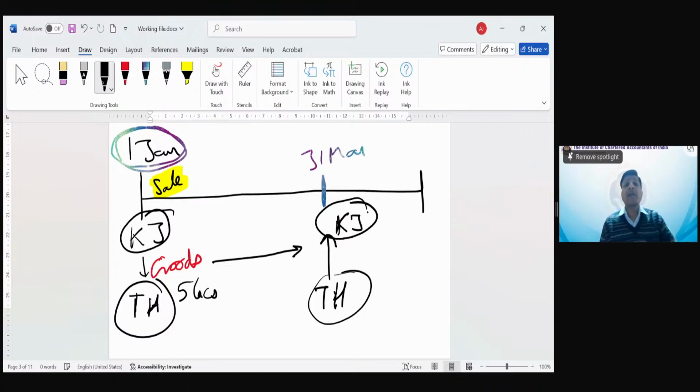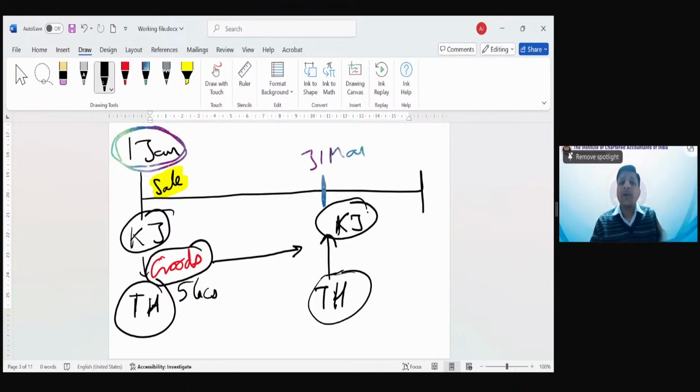So KJ will receive 5 lakhs from TH. And on this very date, not on 31st of March but on 1st January itself, KJ says that I'll buy back these goods from you. Same goods I'll buy back from you.